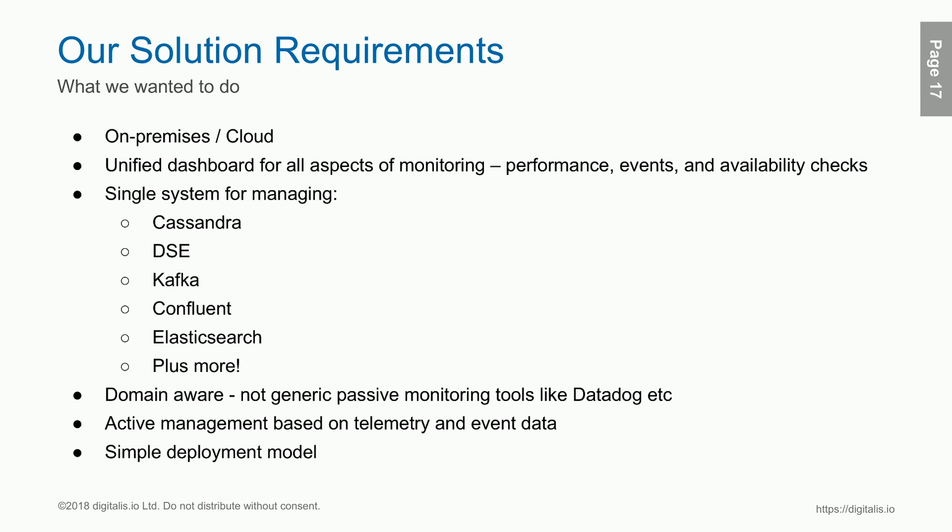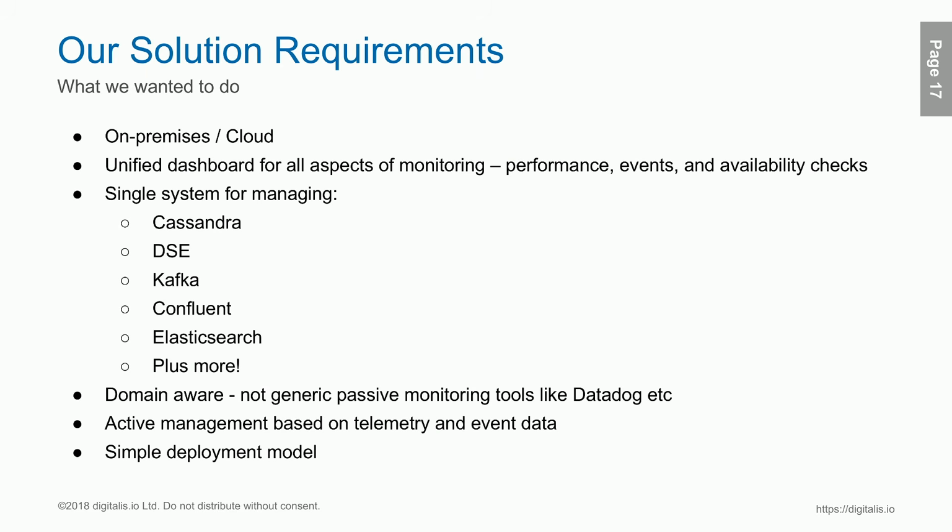So we made a wish list of all the things that we wanted out of the monitoring tools for managing Cassandra for our customers. We wanted it to be either on-premises or cloud. We wanted unified dashboarding. We were sick of switching between different tabs for logs and events and metrics and availability for various environments.